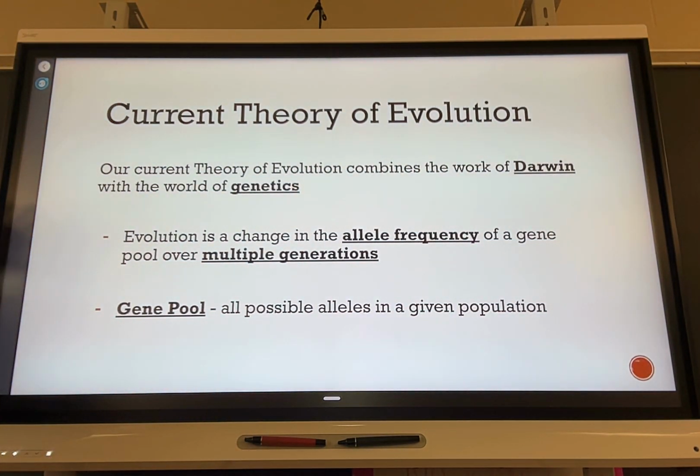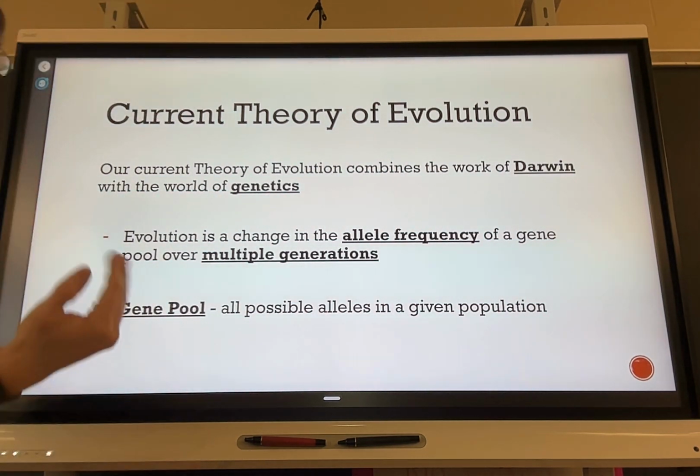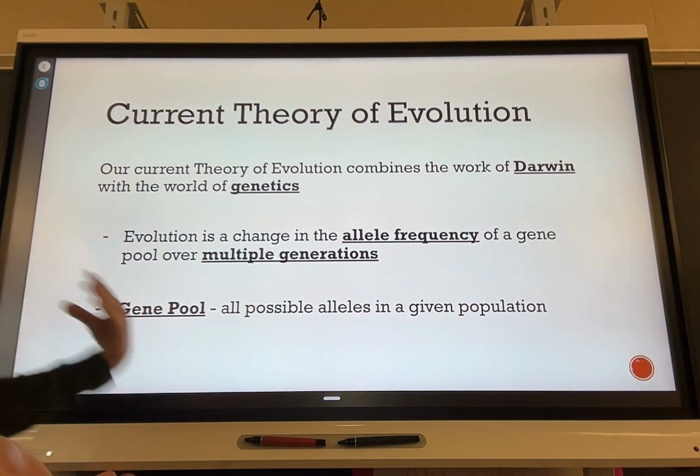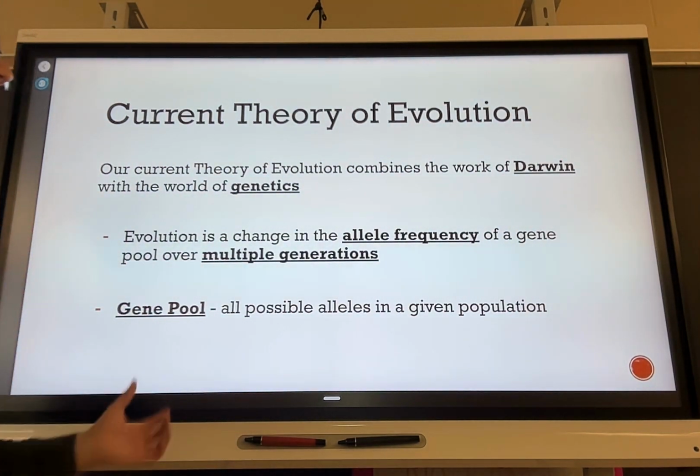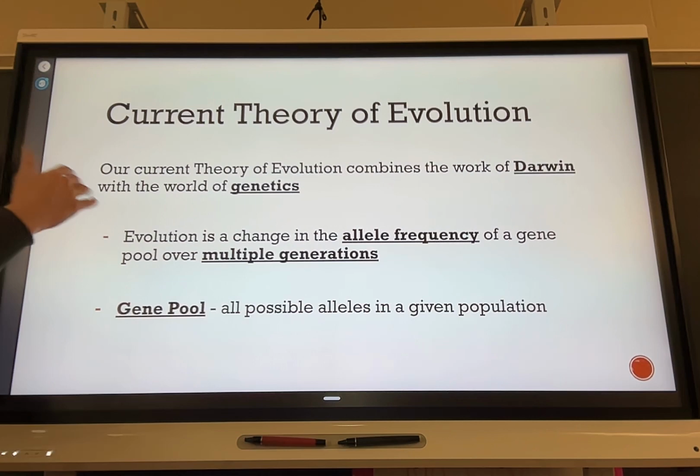So the current theory of evolution takes both sides into account. It takes Darwin and his theory of evolution, takes Gregor Mendel and his theory of genetics, and kind of mushes them together to form a better understanding of how different characteristics, different traits, are passed down through our genetics.